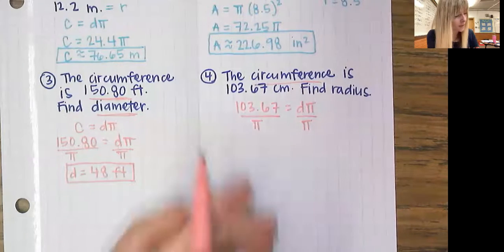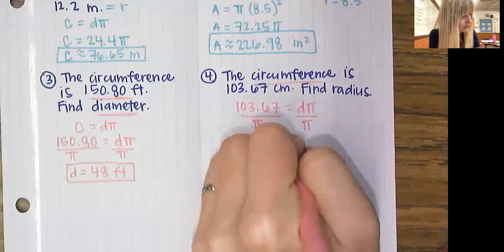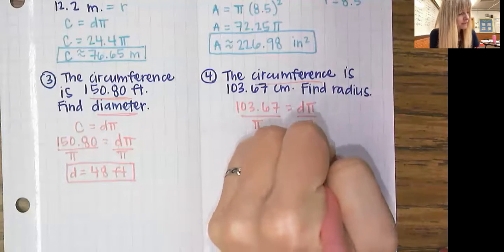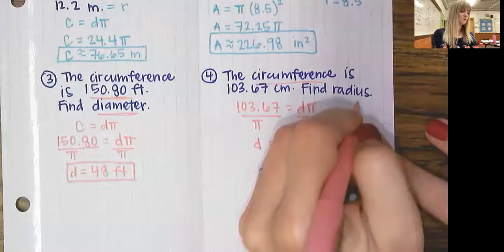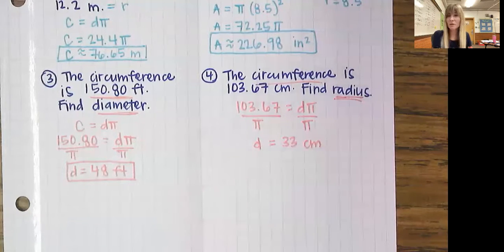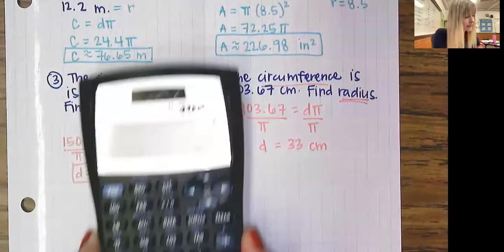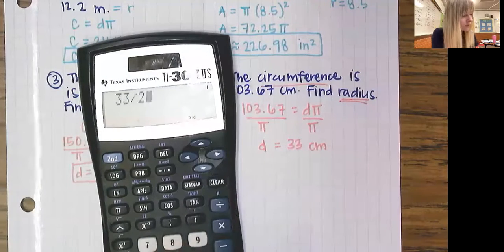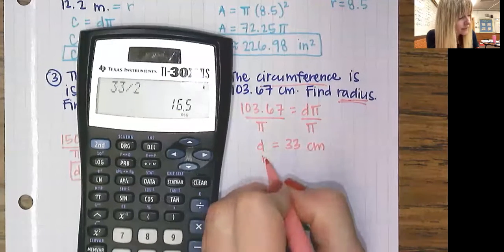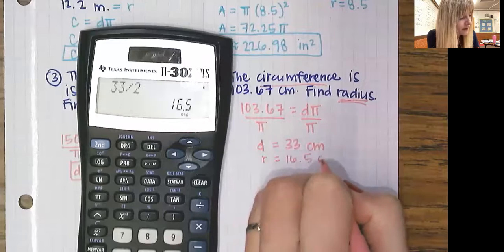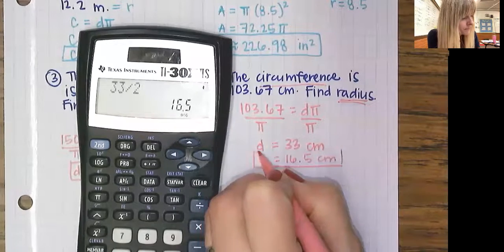Okay, so the diameter is approximately 33 centimeters. Here's the thing though, this one asked for the radius. Just watch that closely. If you're working backwards, yes, divide by pi, but then look and see, was I looking for the diameter or was I looking for the radius? This one wants the radius, so we do 33 divided by 2. The radius is approximately 16.5 centimeters.